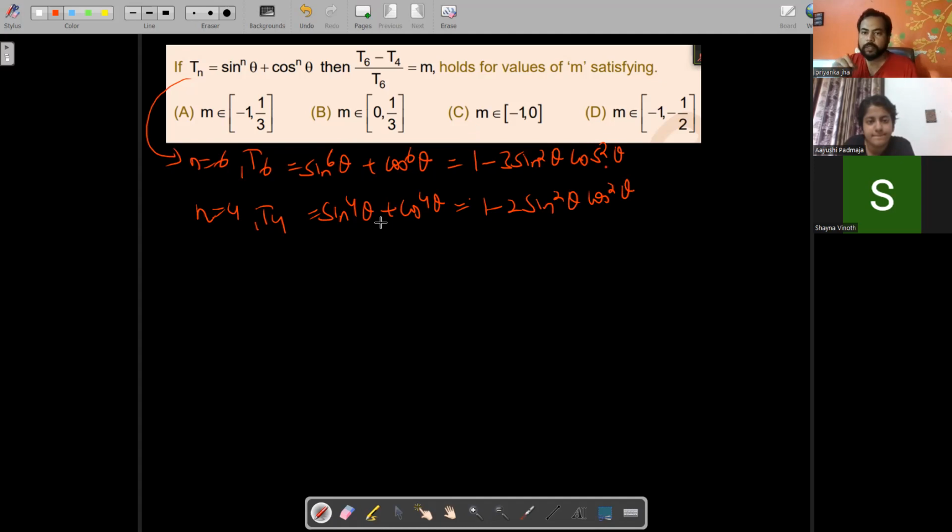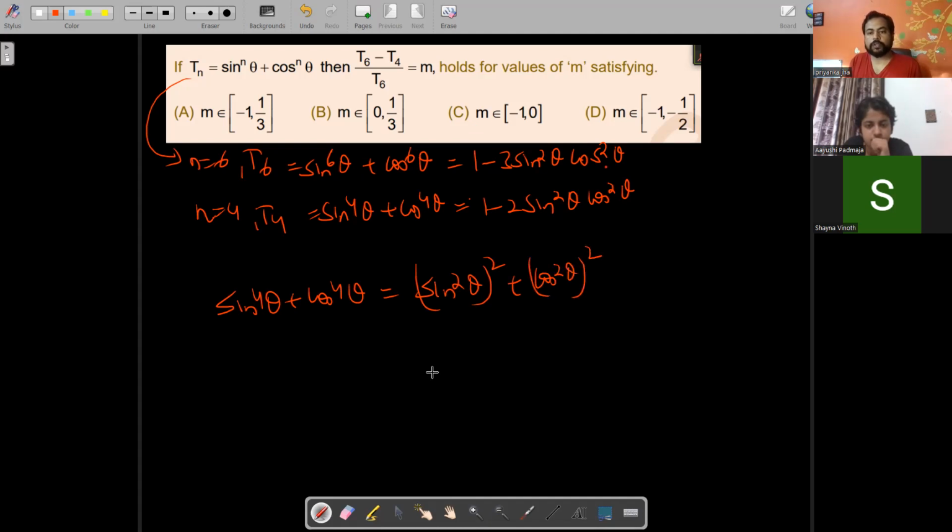Because I have already taught all of these in the first chapter to Archit. He was there at that time. You guys joined late, so I'll tell you again. I'll just prove it right now. See, sin raised to 4 theta plus cos raised to 4 theta can be written as sin square theta whole square plus cos square theta whole square.